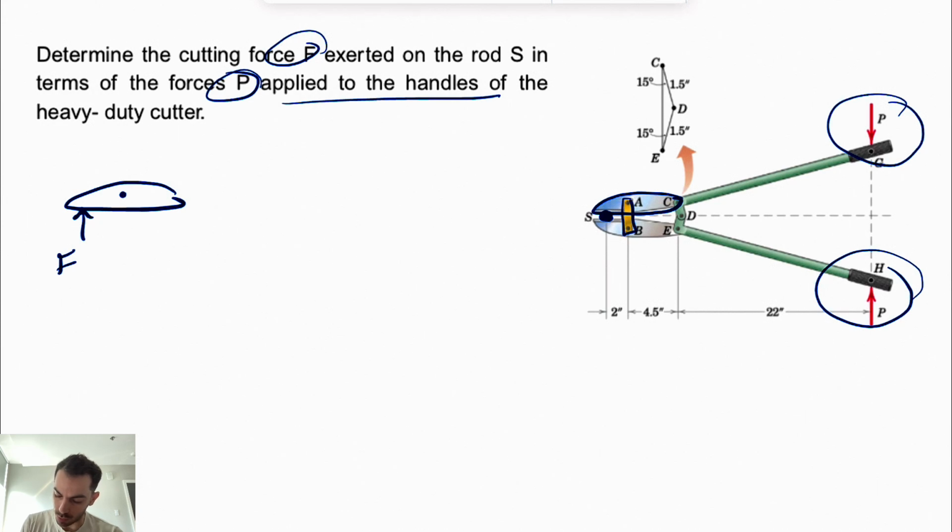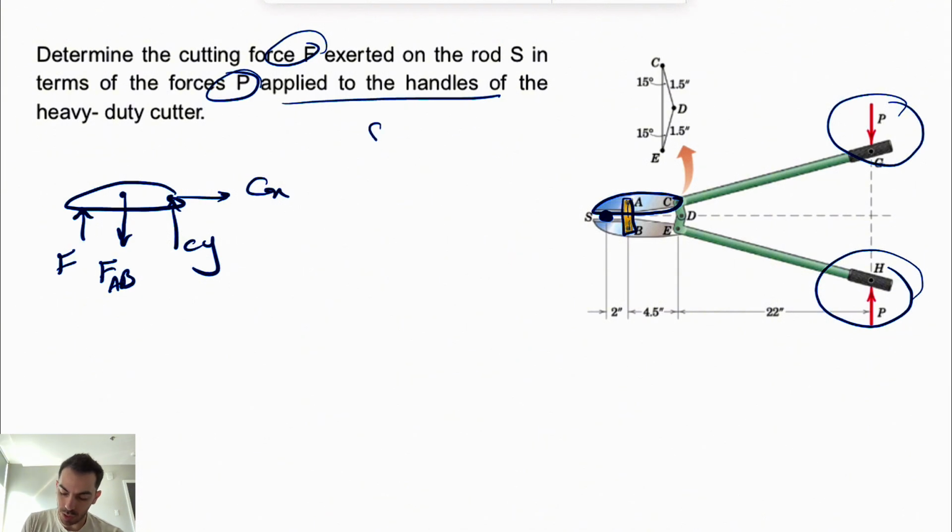As we discussed, the force in this member is going to be along the line that connects A to B, so it will be vertical. We can just consider one direction for now, maybe like this, FAB. And we have a pin at point C, which means technically we need to consider two components since it's a pin, Cx and Cy.